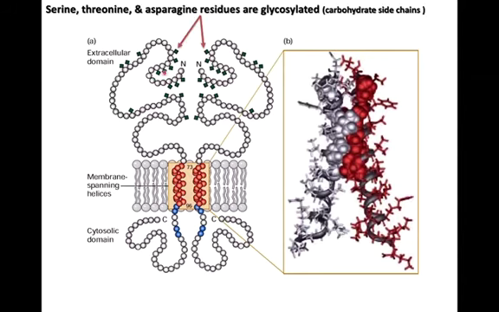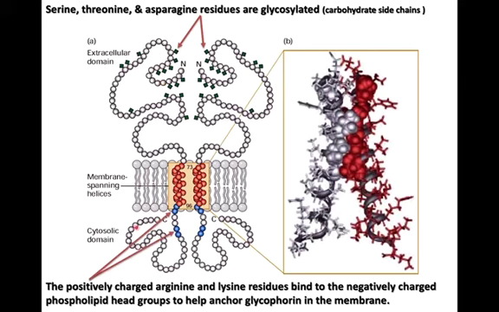You can see as well that the extracellular domain is glycosylated, and it has carbohydrate side chains on the serine, threonine, and asparagine residues of the extracellular domain. And you can see these blue tagged amino acids, which are positively charged arginine and lysine residues.